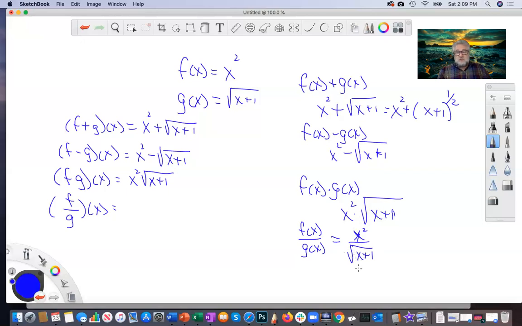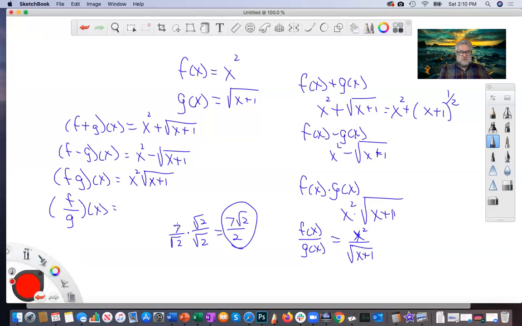However, you would think this is simplified. However, we cannot leave a square root in the denominator. And if we had 7 over square root of 2, I would expect you to multiply by square root of 2 over square root of 2, and you'd get 7 radical 2 over 2. This is the proper form.